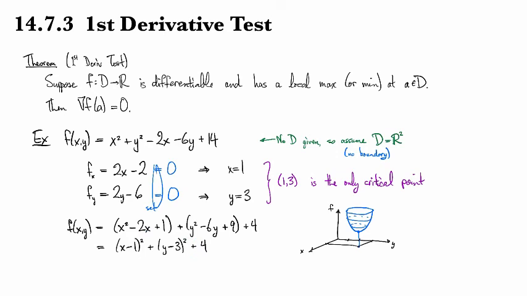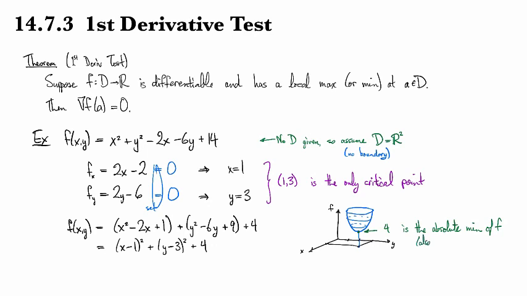We can determine from all that this point is going to be the minimum value of the function. So 4 is the absolute minimum of f.